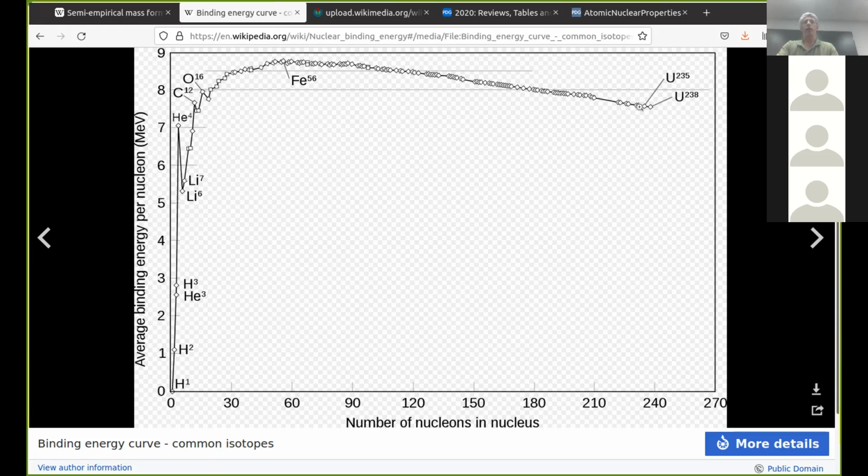But where do the heavier elements even come from? If they can't be produced in fusion reactions in stars, where does all the uranium come from? Does anybody know? Supernovae. Yeah, right?